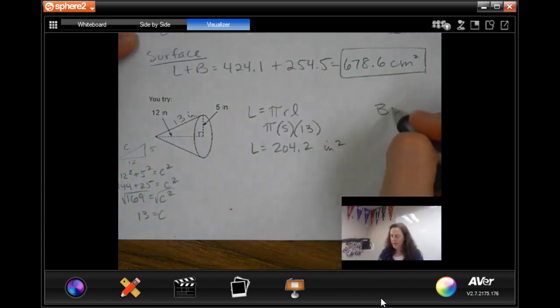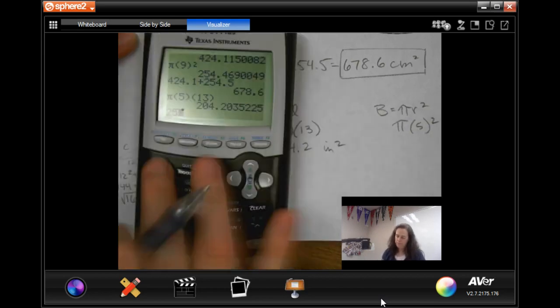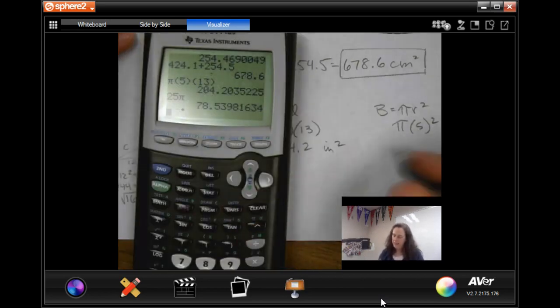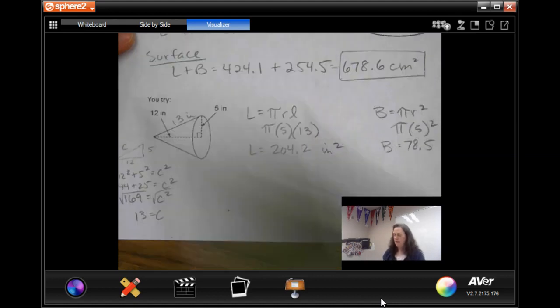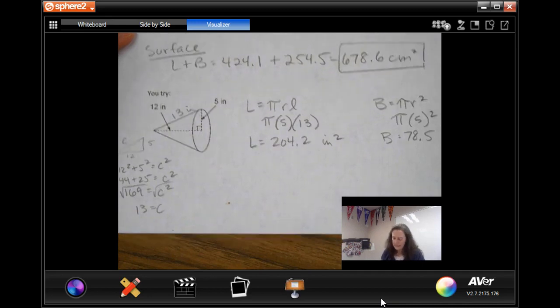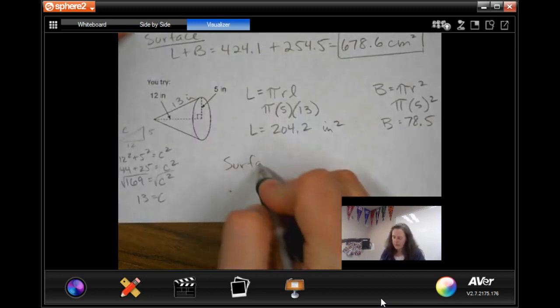All right, base. So we're looking at the circle now. Pi r squared. Our radius is 5. So we get 78.5 inches squared. Okay, we got all our pieces. Let's put them together.